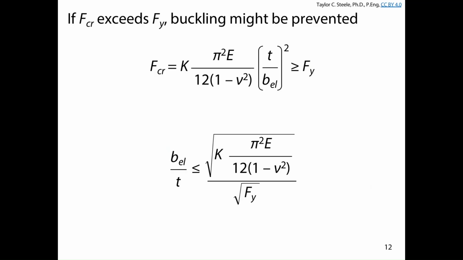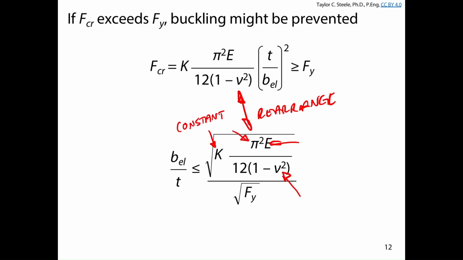So if we want to stop local buckling from happening, we can calculate this b_el over t ratio and make sure it's less than all this stuff in the square root divided by the square root of Fy, right? This is this equation rearranged. That process is not super important for us. What is important is that this is a constant depending on boundary conditions. E is a constant, pi is a constant, nu is a constant.